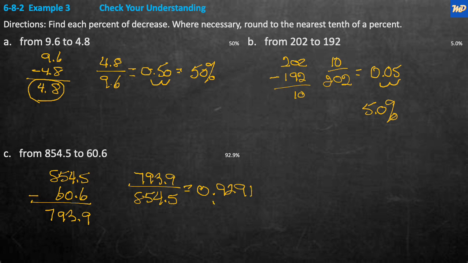And in order to get the percentage, we're going to move the decimal point 2 places to the right, and that'll give us 92.91%. And they say round to the nearest tenth right here. So rounding to the nearest tenth is going to give us 92.9%. There's the answers. I hope you did well on this.